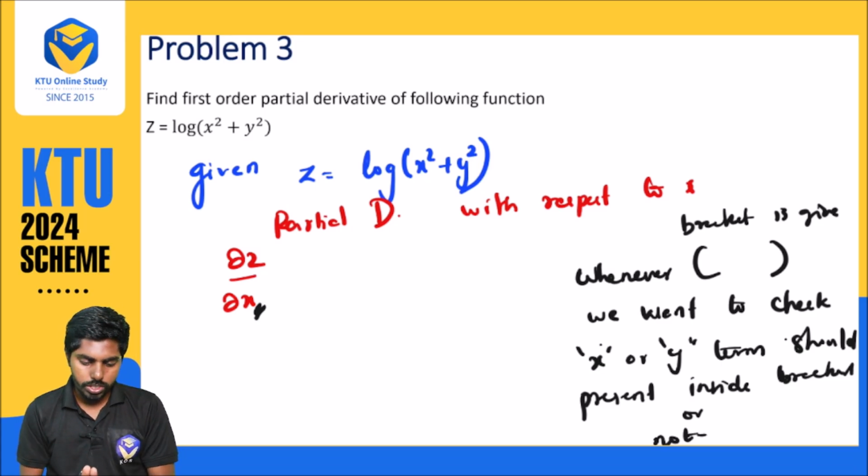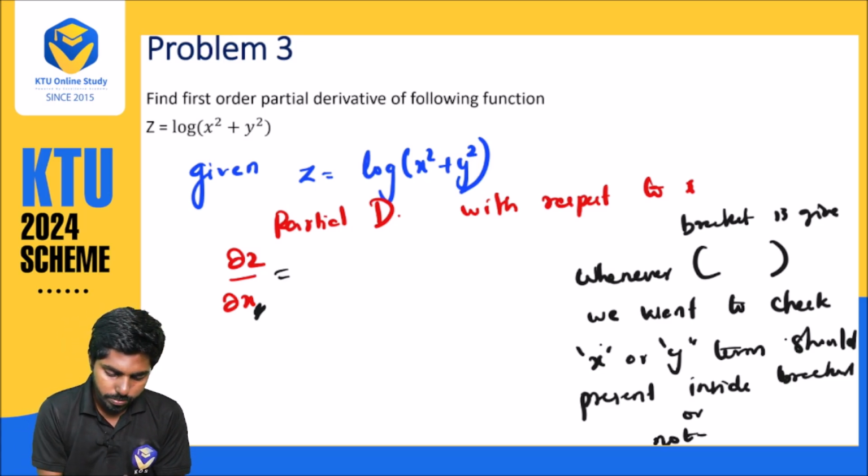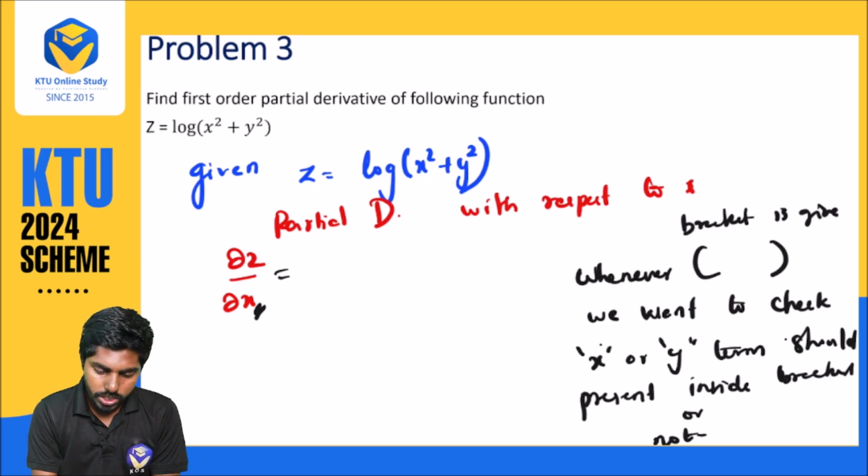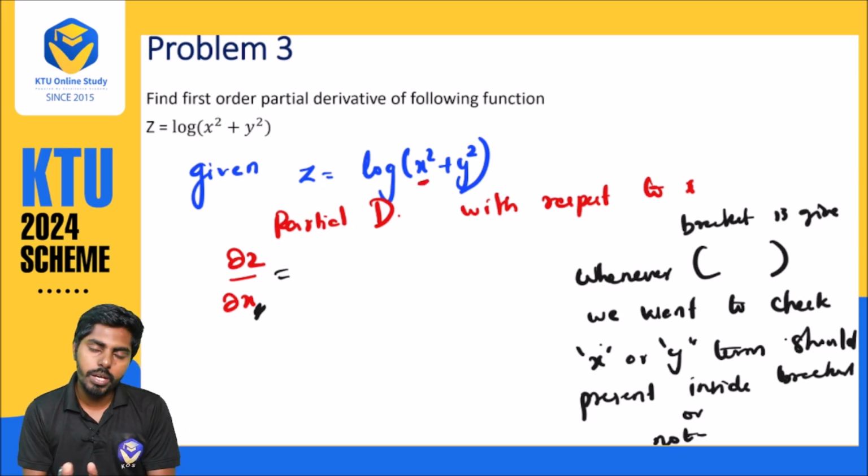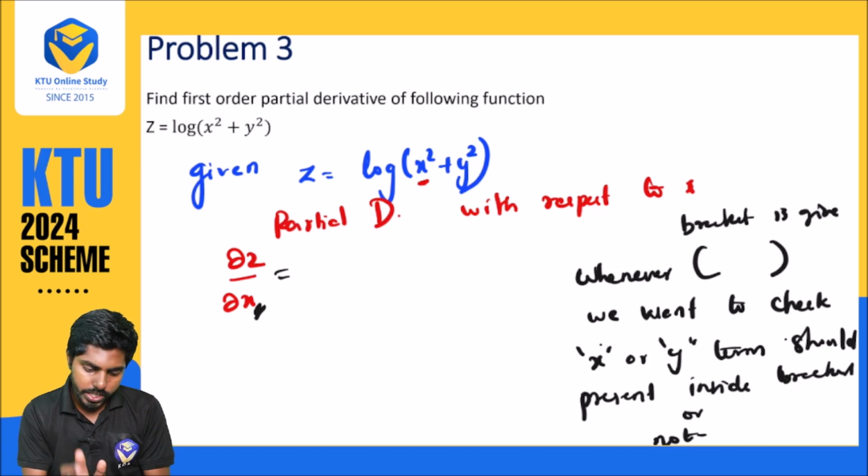So when it comes to dou z by dou x, we want to check whether x is inside the bracket. Here x is inside the bracket, so we can do the partial derivative. Otherwise it automatically becomes 0. But here x square is inside the bracket, so the x term is there.